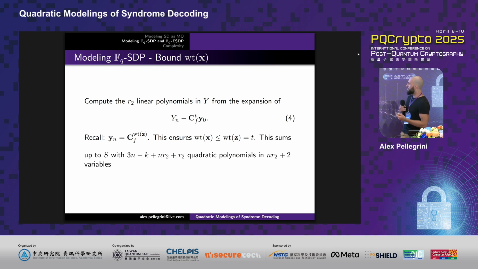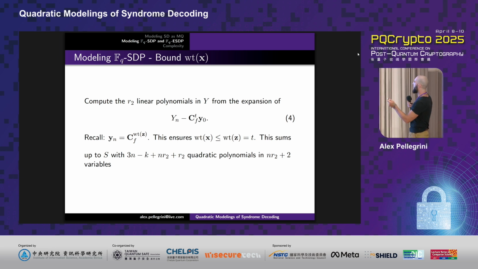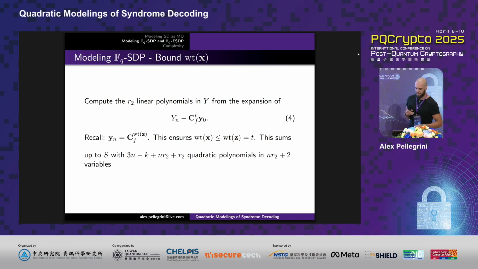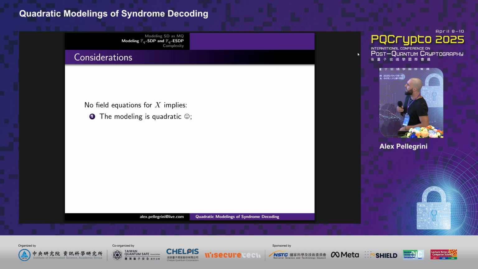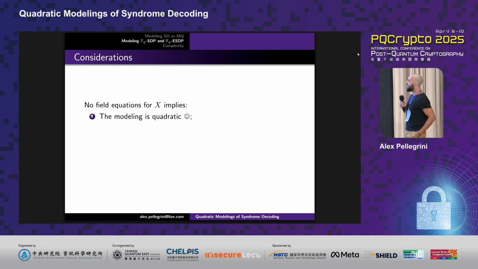This sums up to a system of equations with this number of quadratic polynomials in n times R2 variables. And R2 is adjustable, so it must be quasi-linear in n. As a consideration, we didn't put any field equations for X, which means that the modeling is quadratic so far, which is good.